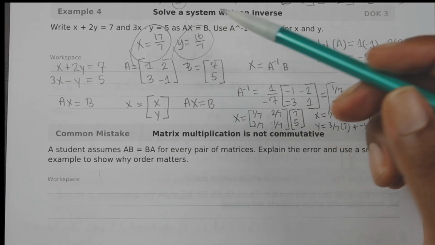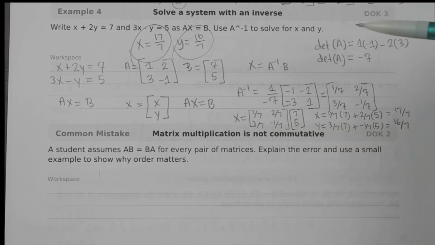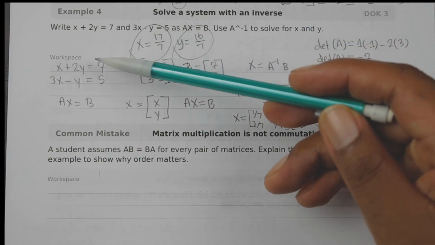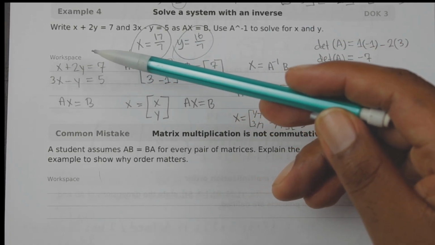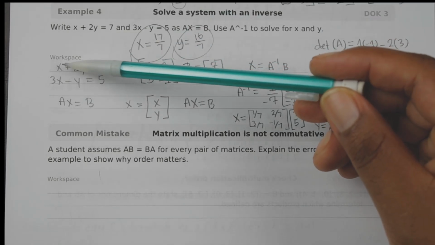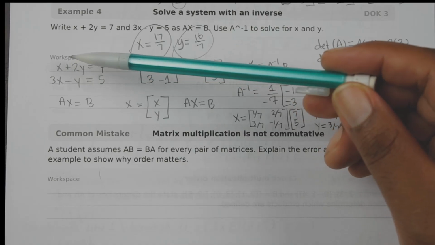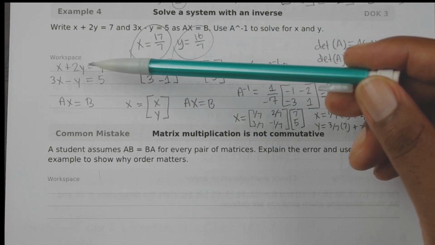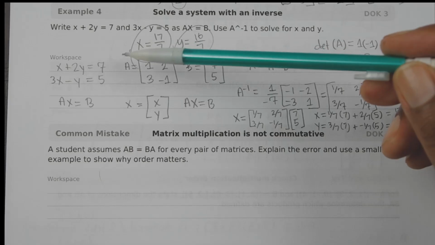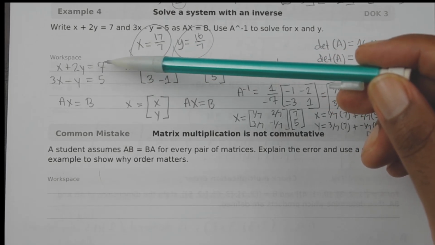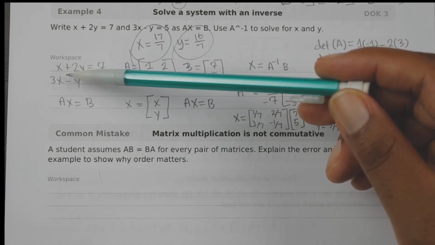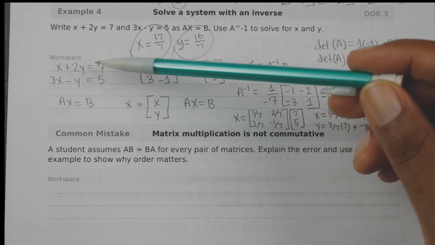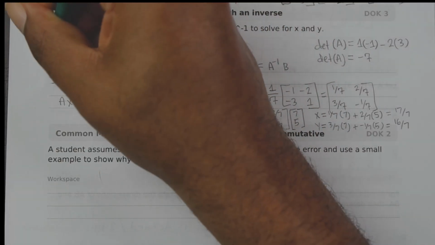We could really just check the first one if we wanted to, x plus 2y, and then substitute 17 over 7 plus 2 times 16 over 7, and then combine them, and then the result obviously would be 7, because 17 over 7 plus 2. As a matter of fact, I'll just do that real quick so I can help you visualize it.